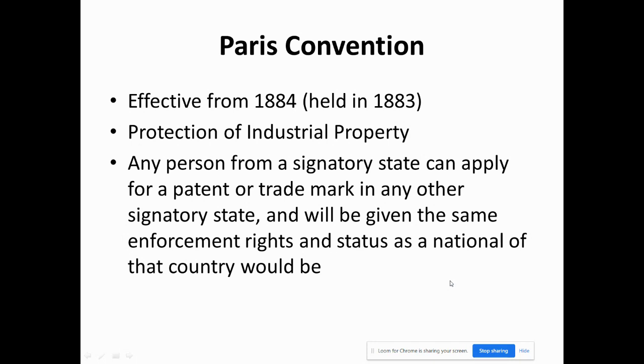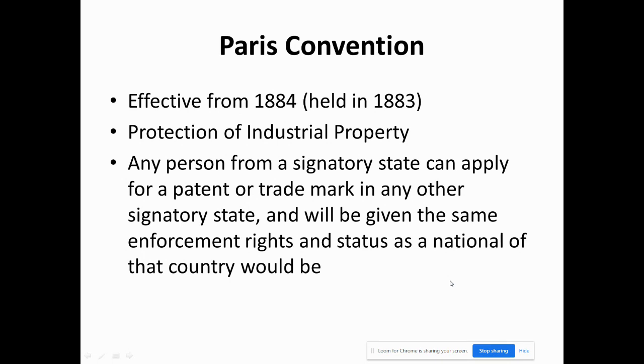It was done for protection of industrial property, which says that any person from a signatory state can apply for a patent or trademark in any other signatory state and will be given the same enforcement rights and status as a national of that country would be.